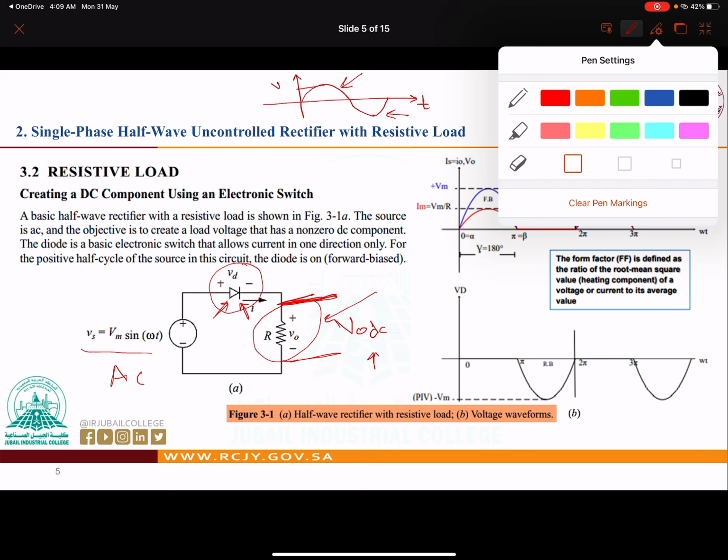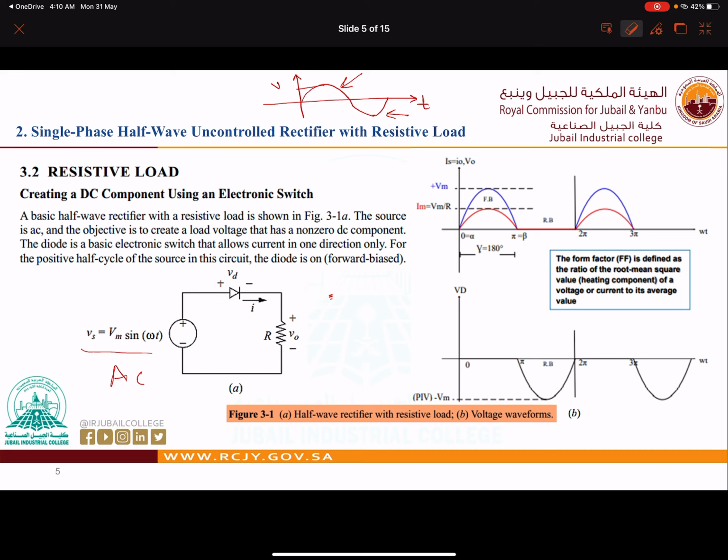Now, please concentrate on the circuit here. I'm going to draw for the positive cycle first. The positive cycle from the supply is going like this. This diode is forward biased because we have plus here and plus here, so it will allow the current to move.